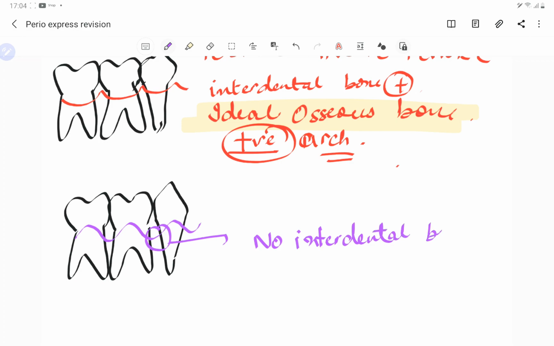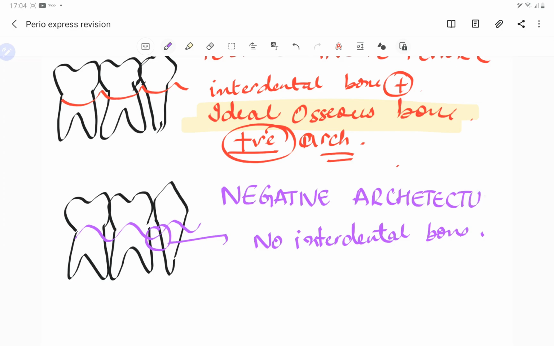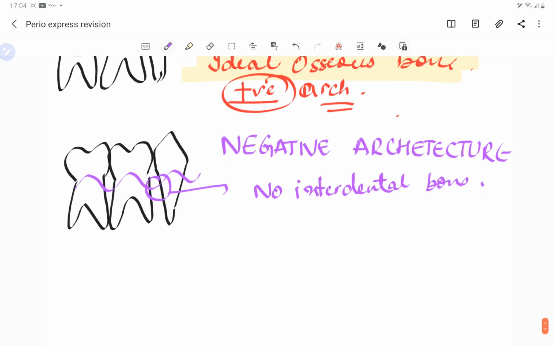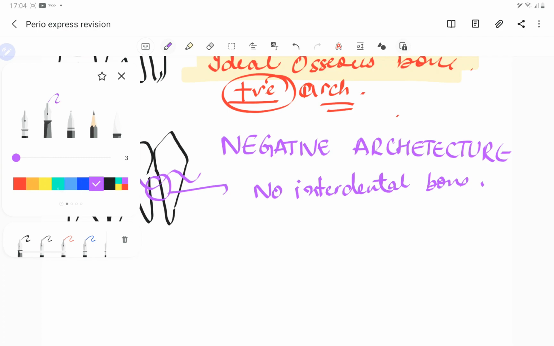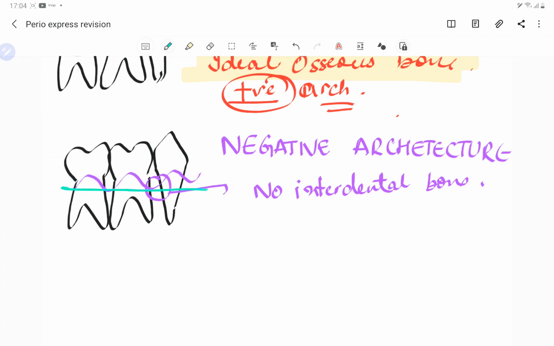So this particular situation makes it a negative architecture. Right. So guys, in this the interradicular bone is present in the negative architecture. Also sometimes we see a flat architecture. So if it is like this, then it is a flat architecture.